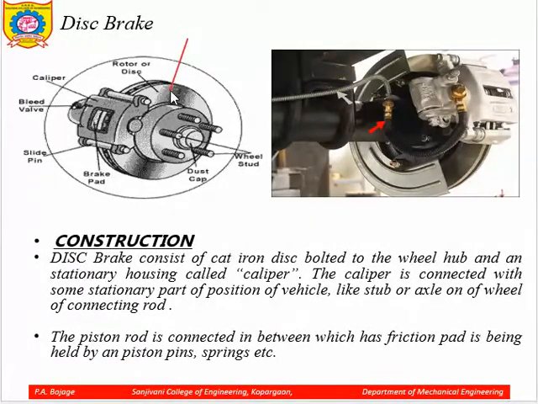On this disc you have this caliper arrangement, and in this caliper you have the brake pads. These brake pads in combination with the caliper are actuated by either air pressure or hydraulic pressure, and the pads come in contact with the moving disc when they get activated by the hydraulic pressure of the oil.